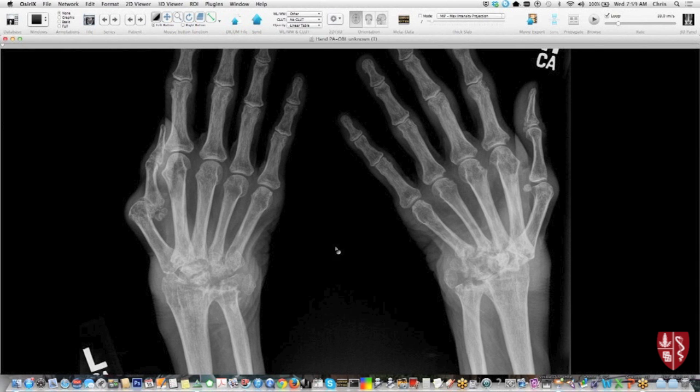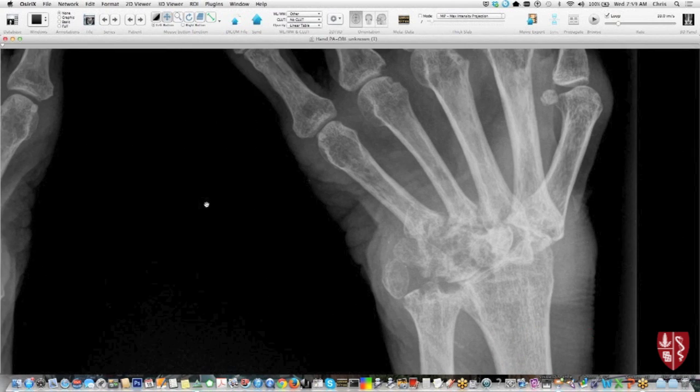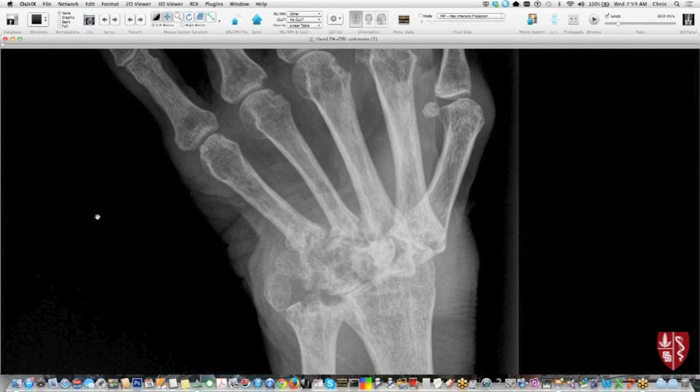Another example of rheumatoid here. So usually when we see cases that are this bad, the odds are statistically, if you will, that there's a lot more patients out there with rheumatoid arthritis than with most other inflammatory arthropathies. And they can still progress despite somewhat improved drug therapy and so on.